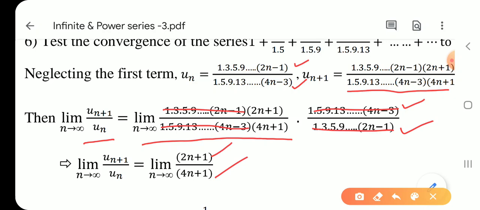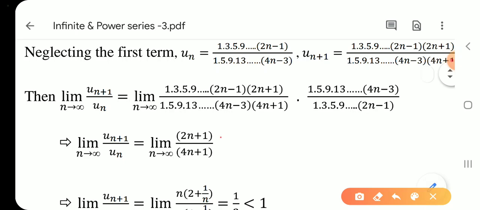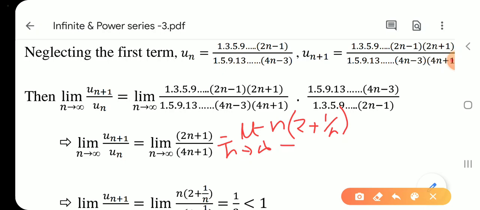Before applying the limit, what we will do, we will take this n common out here. So limit n tends to infinity, if I take n common, it will be 2 plus 1 by n divided by 4 plus 1 by n.